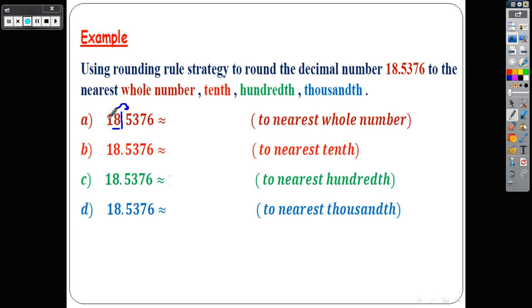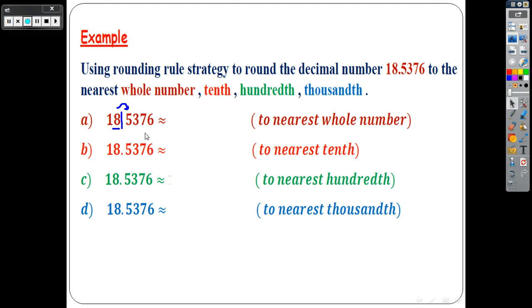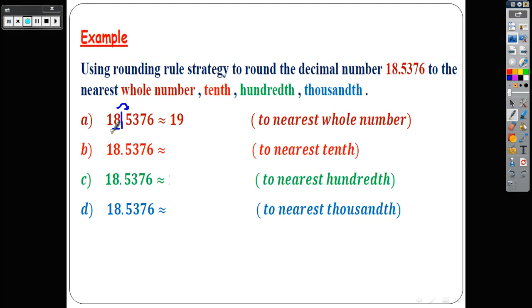So the answer will be 19, and convert all the remaining numbers to zeros. So the answer will be 19. You can neglect or ignore the zeros.